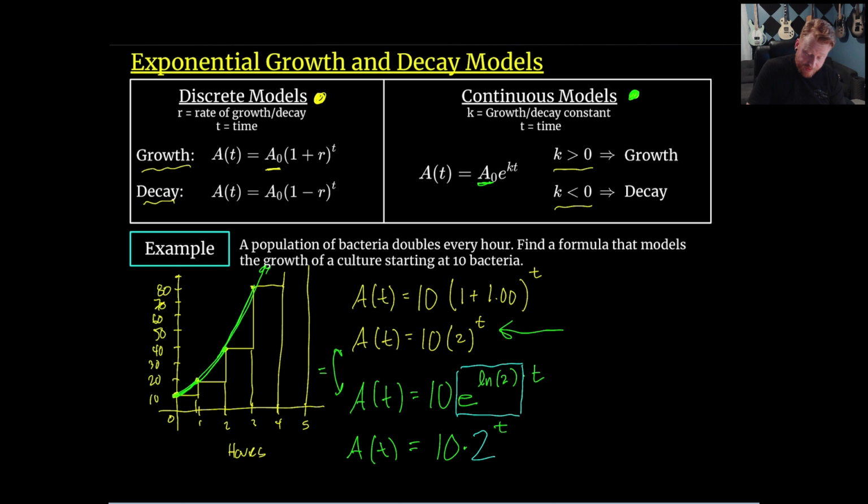So these are saying the exact same thing, whether I write it in the discrete form or the continuous form. We can see that we can actually turn them into each other, so they are saying the same thing here. So we have options. Sometimes it just depends on which formula you would like to use, if you can figure out the growth rate.